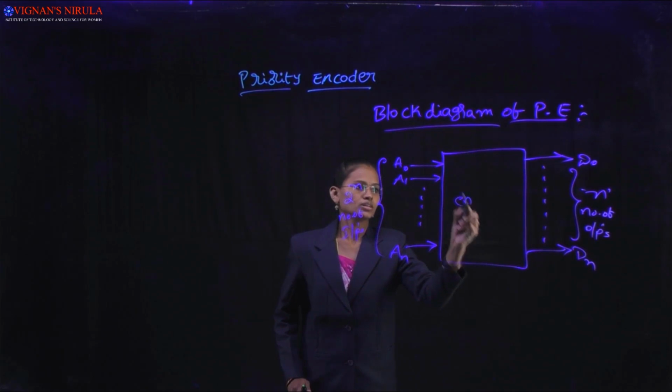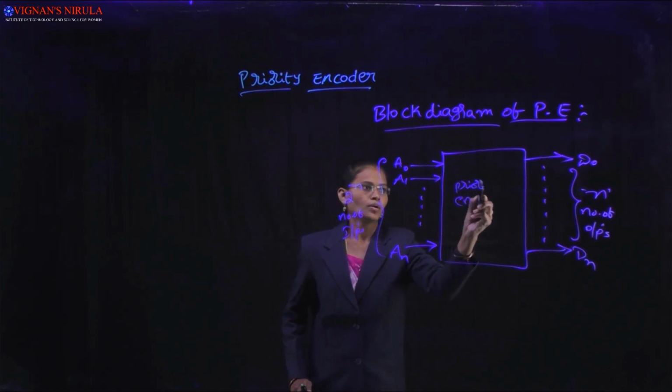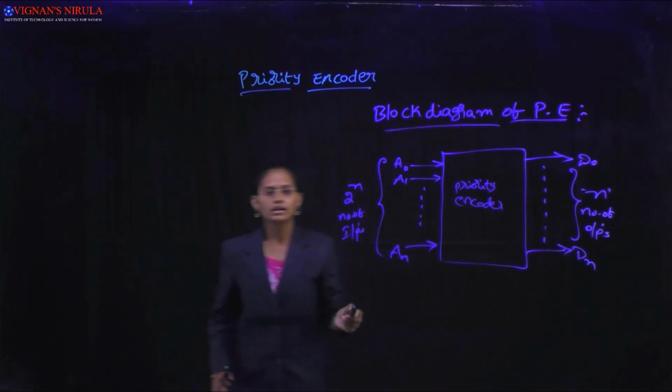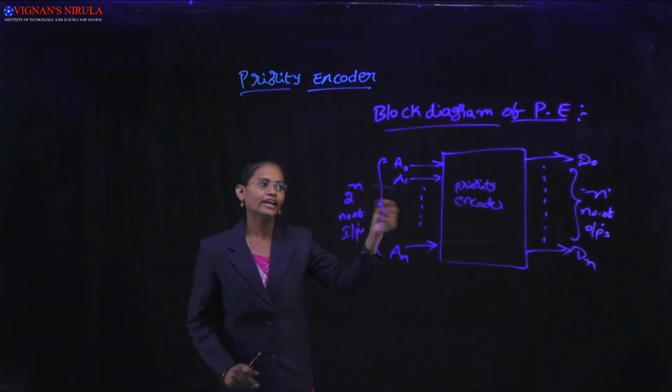This is the priority encoder. Now the difference between the priority encoder and the encoder.